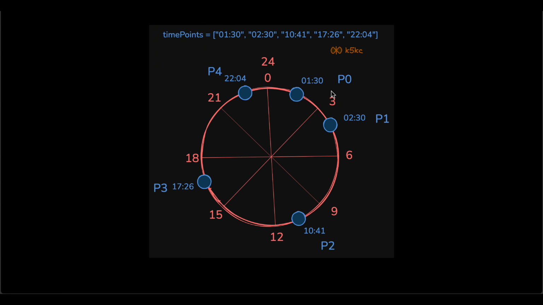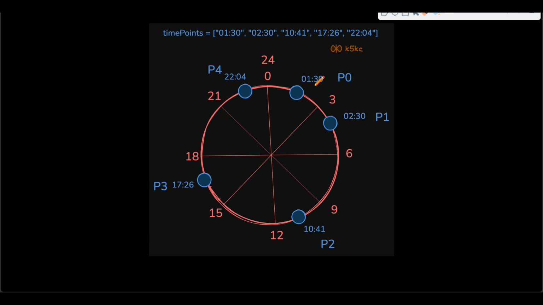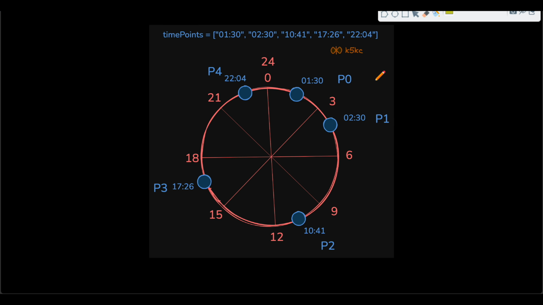For example, for 01:30, we split it based on the colon and we get hours as 1 and minutes as 30. To convert this hour into minutes, we multiply by 60. So we get 1 into 60 plus 30, that is 90 minutes. Similarly, for 02:30, it will be 2 into 60 plus 30, so that will give us 150. So now the difference between them is 60 minutes, but we have to do it for all the points.